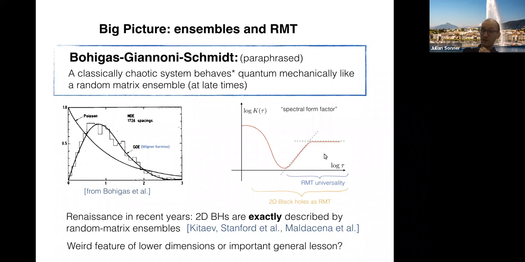So a fortiori, of course, they also have late time RMT behavior, but they also have it at all timescales. And what I would like to tell you is that there is really a generic part of the story, which is the late time story. And the question is whether that helps us to answer whether these recent developments are just a weird feature of lower dimensions, or whether we can make them an important general lesson.